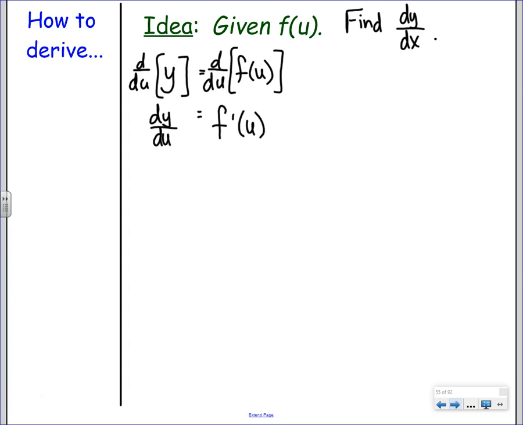Well, isn't u going to be a function of x?